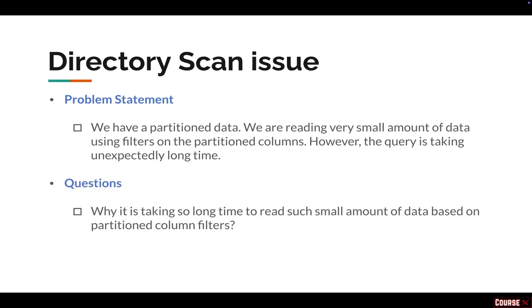Why is it taking so long to read such a small amount of data based on partitioned column filters? So this is a genuine problem, right? We know that it should not take more time because my data is partitioned, so they are concerned about it and they want to know why it is taking so long time.